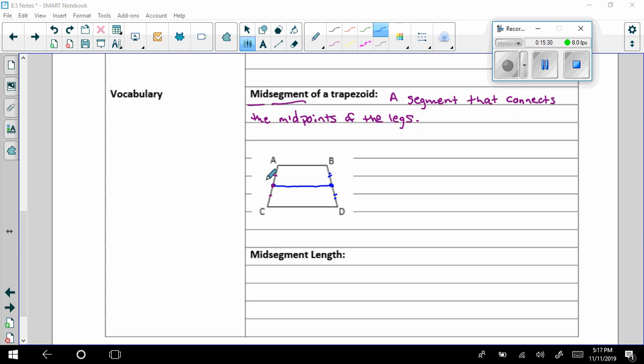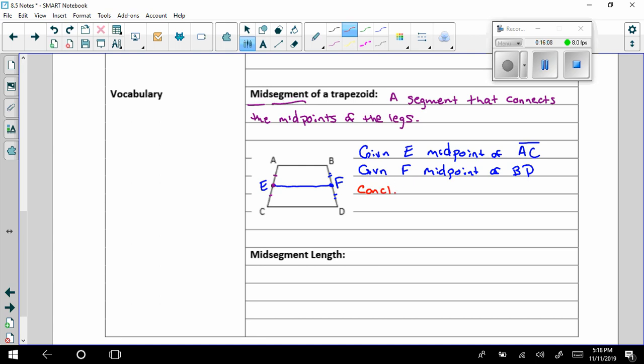So let's give these some labels. Let's call this EF. So if it's given that E is the midpoint of AC, and it's given that F is the midpoint of BD, then we can conclude that EF is the midsegment of A, B, C, D. Just a reminder, remember your midpoint is found by finding the middle of two points.